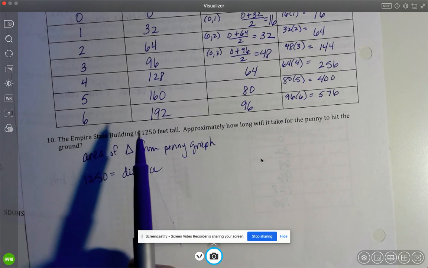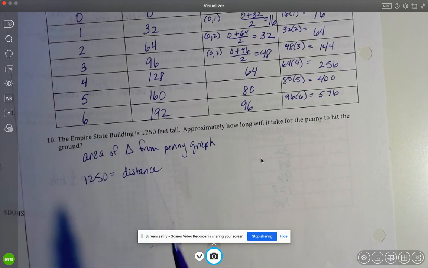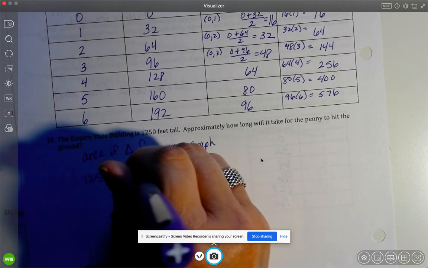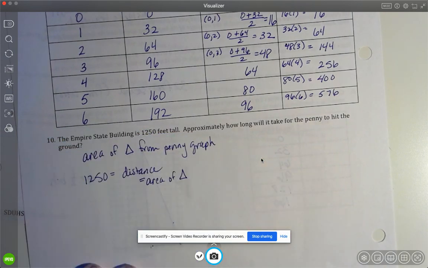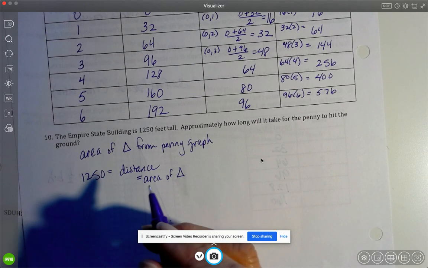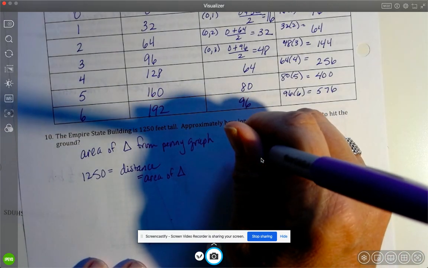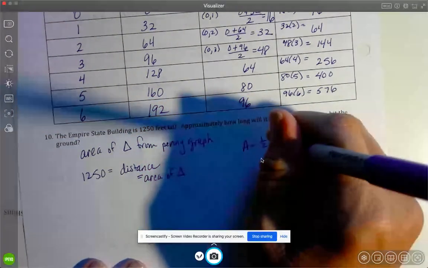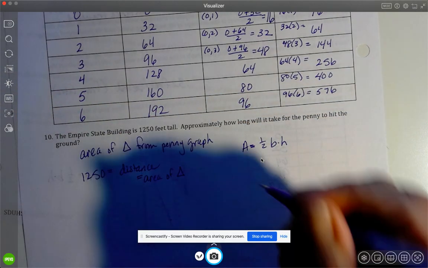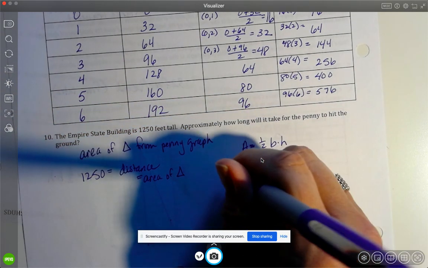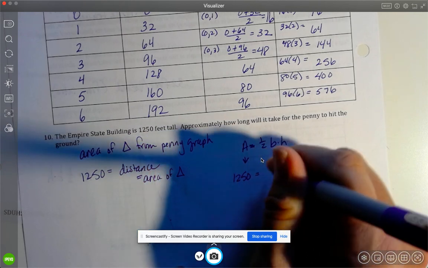So I already know the distance. And distance is the area of the triangle, right? Okay, so with area equals 1/2 base times height, we can set up a formula. So I know the area, 1250 equals 1/2.